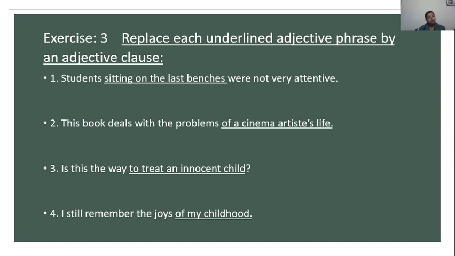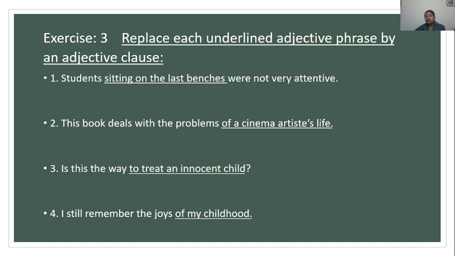A phrase is also a group of words, a clause is also a group of words, but a phrase doesn't have a subject and finite verb. A clause has a subject and finite verb. A phrase doesn't make complete sense. A clause makes complete sense. Clear?